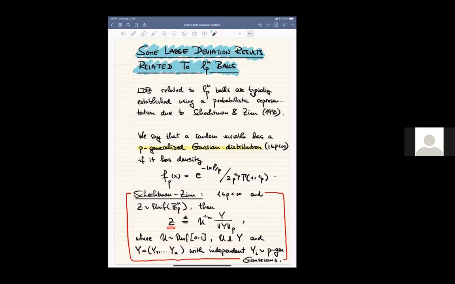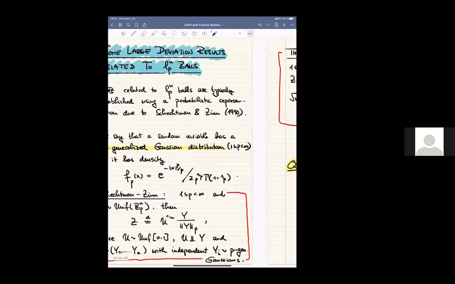So you can go from dependent coordinates to a vector which has independent ones, and this facilitates the computations when you want to prove a large deviation principle related to l_p^n balls, or the geometry of l_p^n balls.